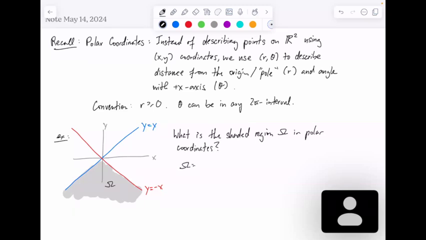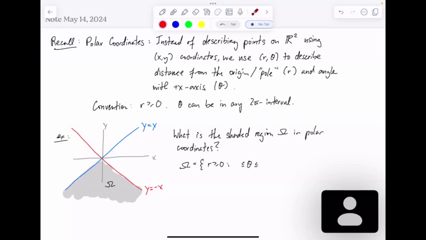Maybe the more straightforward one here is, let's say r is always non-negative still, but what are my bounds for theta in this case? What's the lower bound for omega here? Certainly you could do, we have this angle here, which is the lower ray of y is equal to x.